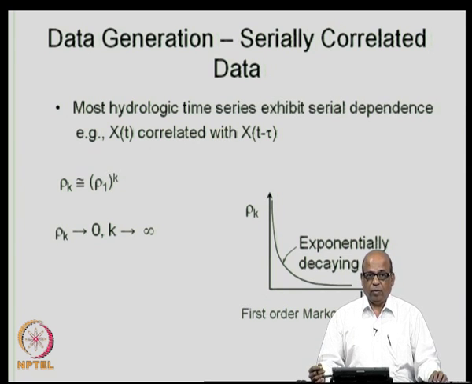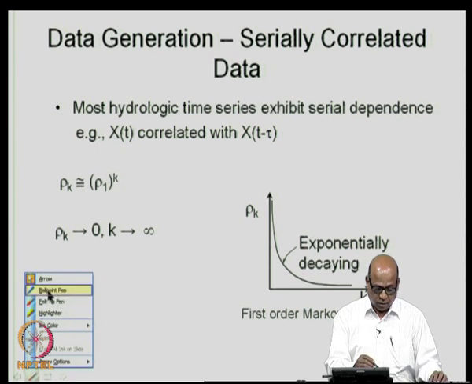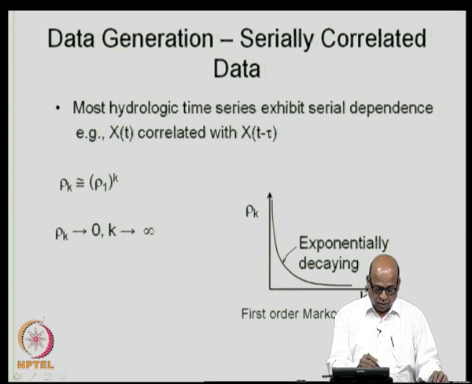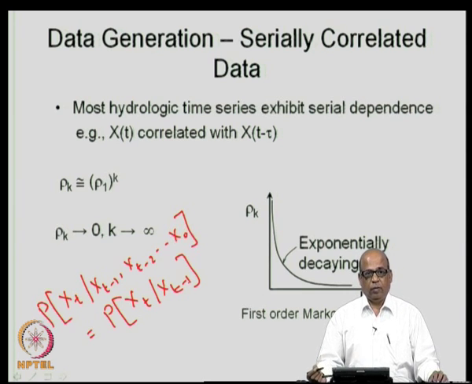More formally, we will anyway introduce the formal definition of Markov chains later on, but more formally we denote a first order Markov chain as follows. If you have the probability of x t given x t minus 1, x t minus 2, and so on up to x naught, which is the complete history of the process, and we can approximate this as the probability of x t given x t minus 1, then we use the first order Markov chain or Markov process.